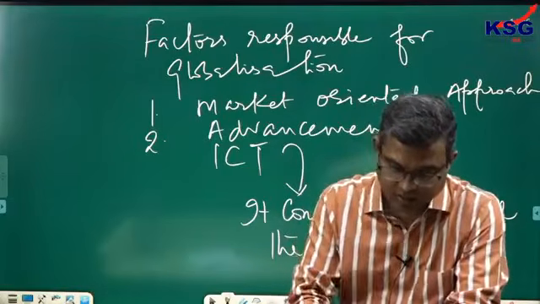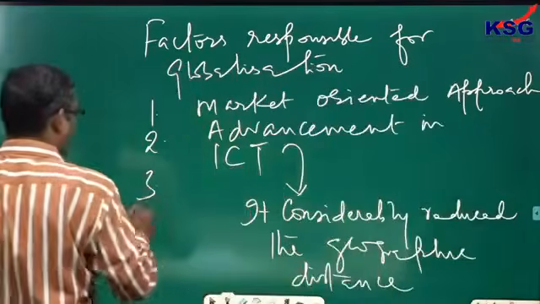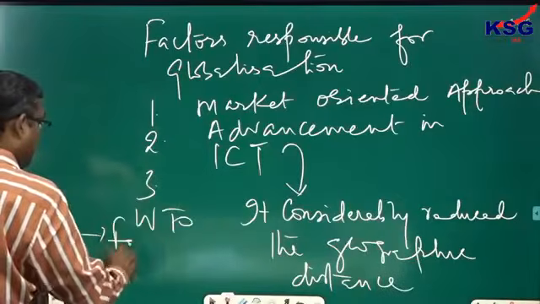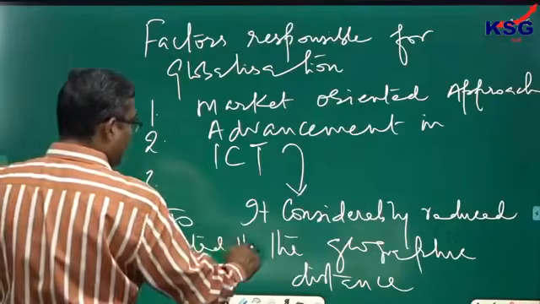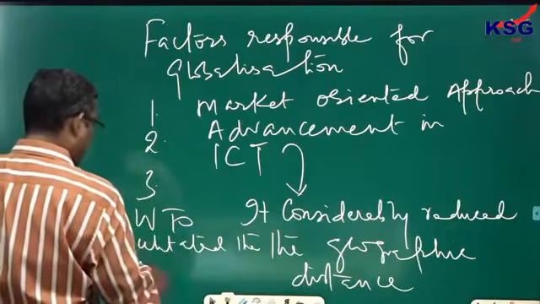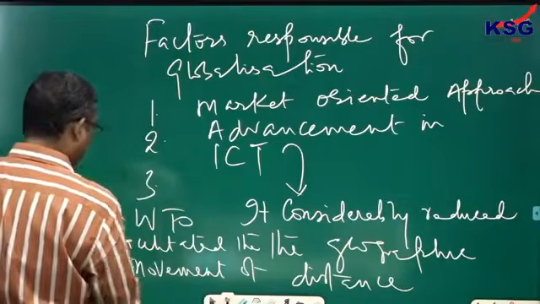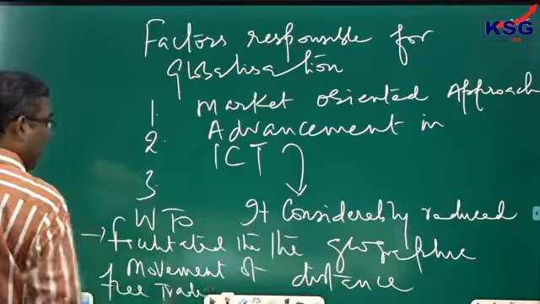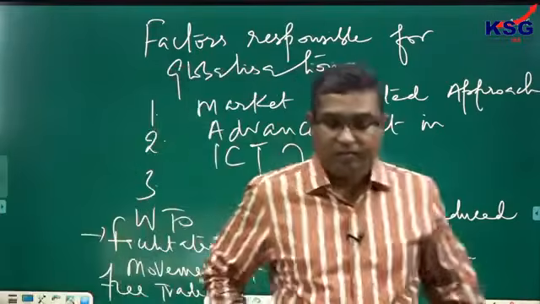Done. The third factor is institutions such as the WTO. They facilitated the movement of free trade across the world, and the trade barriers were lowered significantly.